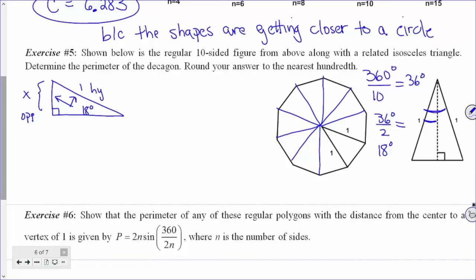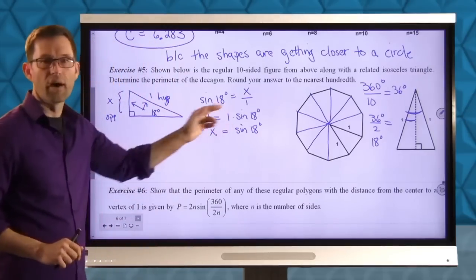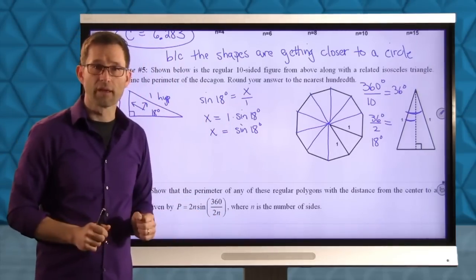That's the hypotenuse. And that's going to be the sine ratio. I can say the sine of 18 degrees is equal to x over 1. So x is just 1 times the sine of 18 degrees. Better yet, x is just the sine of 18 degrees, because, of course, 1 times anything is just that thing.